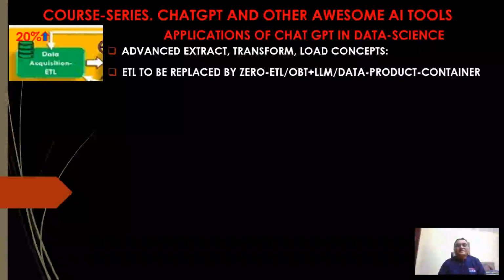First, the entire ETL can be replaced by certain new concepts in data engineering. There are three concepts. One is the concept of zero ETL. One is the concept of one big table plus large language model.